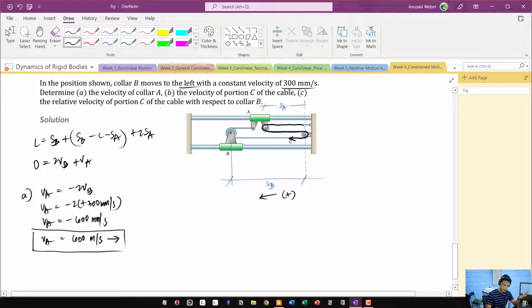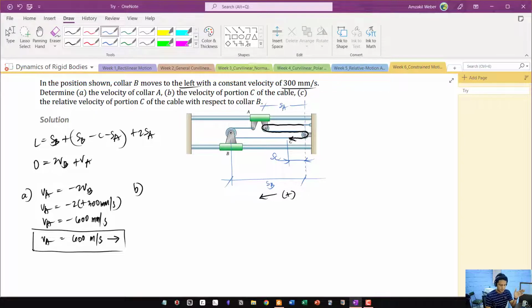Okay, that's this one. So for letter B, we have to make a position for point C. We have to add this, SC, to SB.